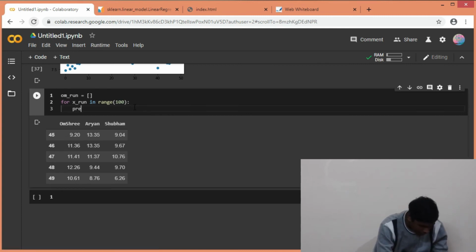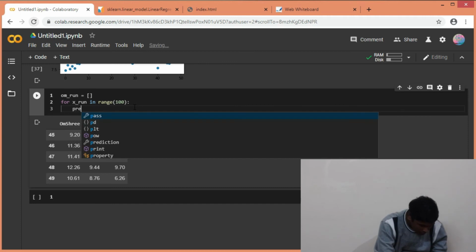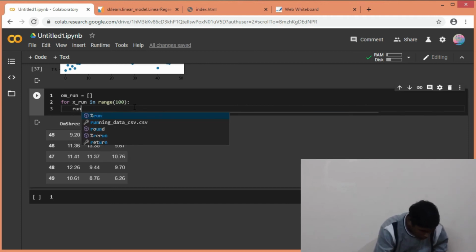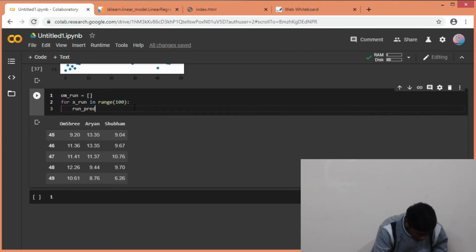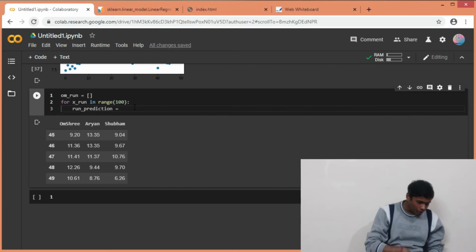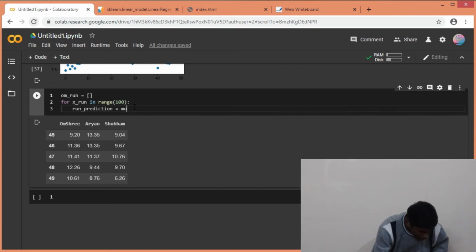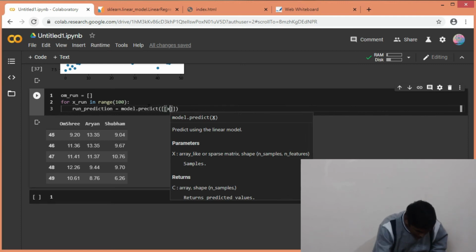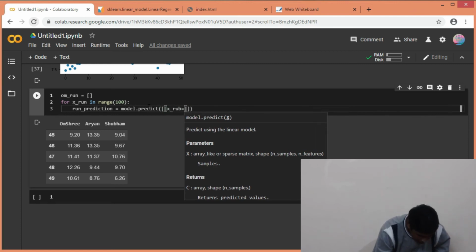So it's, let's say, I can say run, not rub, run prediction. Now run prediction will be model dot predict. Inside predict, I need to pass in x run.